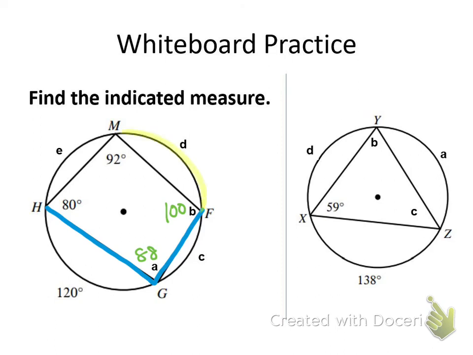It's HF, so you know how many degrees it adds up to. However, you can't do anything else because you don't know E and you don't know F. But you can keep going around the circle with the angles. Angle F, or B, however you want to say it, is 100 degrees. So what is the measure of its intercepted arc? It's GM, which is how many degrees? 200. Do you know a piece of the 200? Yes, you know this piece, so then you can very easily find E.